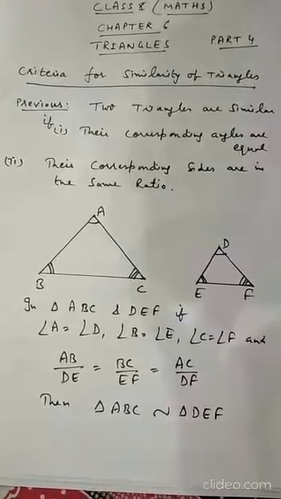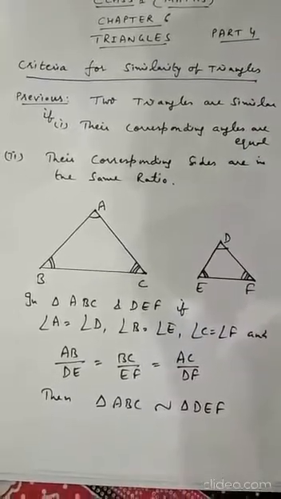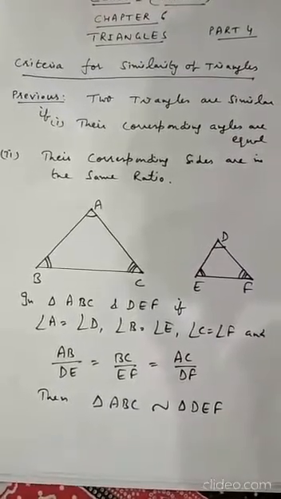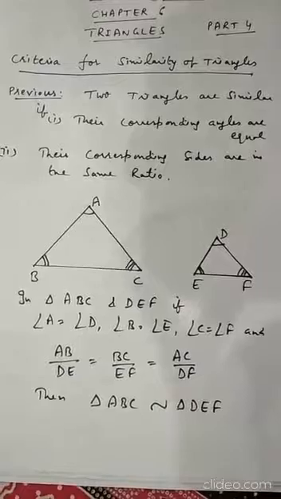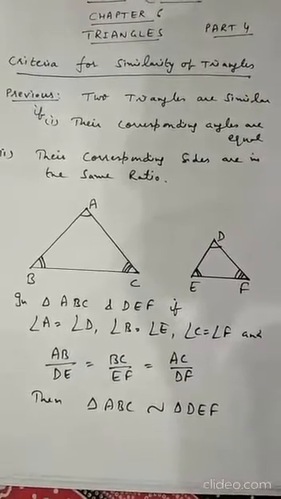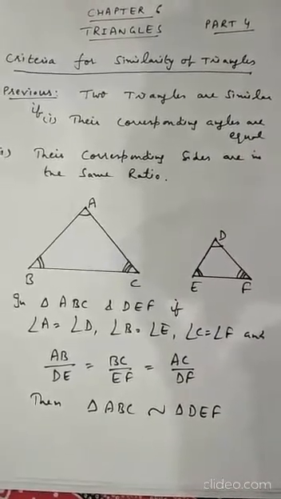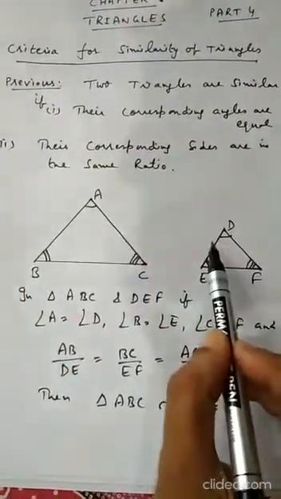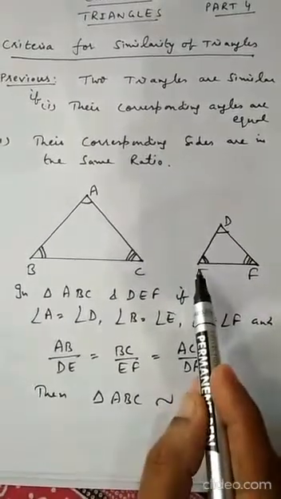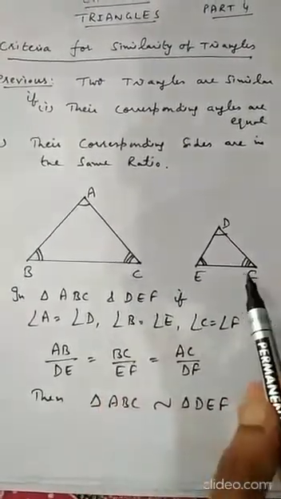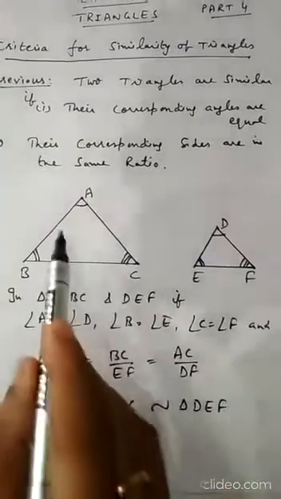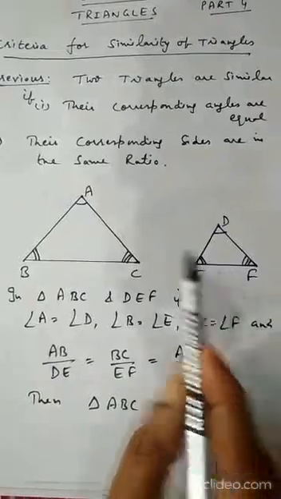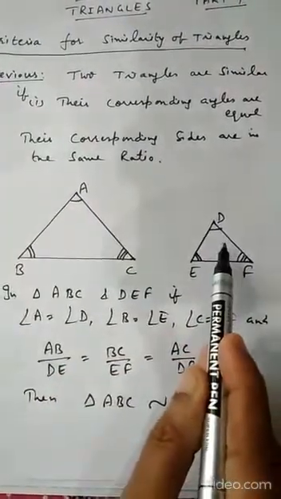We have also studied that two polygons are similar if their corresponding angles are equal and corresponding sides are in the same ratio. So here, if we see triangles ABC and DEF, angle A is equal to angle D, angle B is equal to angle E, and angle C is equal to angle F, and AB by DE is equal to BC by EF is equal to AC by DF.